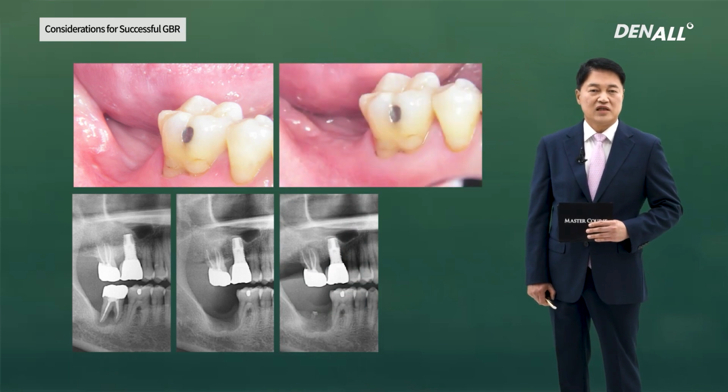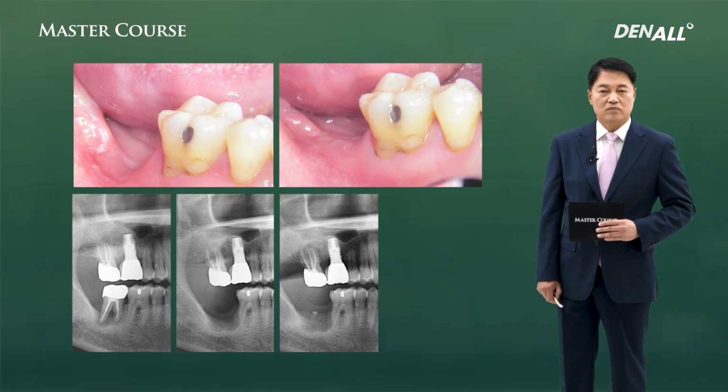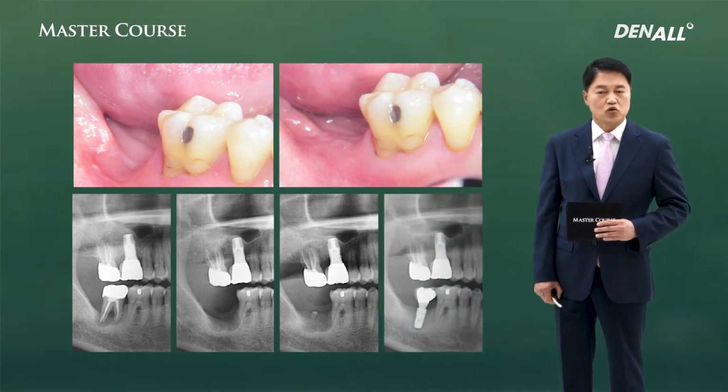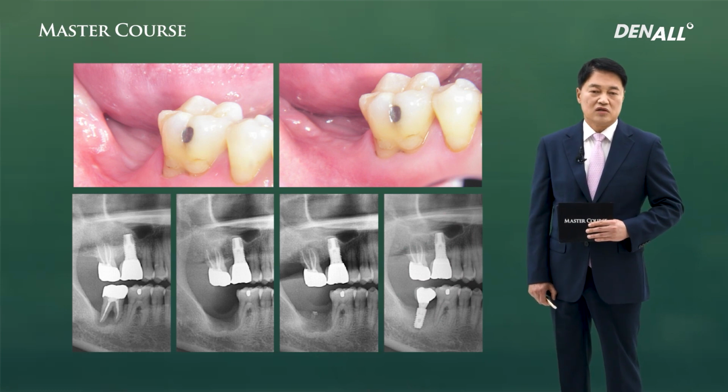You can see that the resorbed situation has been improved so that we can place an implant. In such a case, there's no issue in placing the implant and completing prosthesis. Through appropriate GBR in areas where implant seems difficult, you can make it an easier situation.